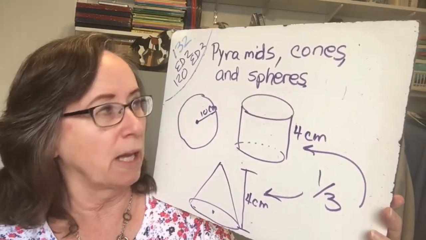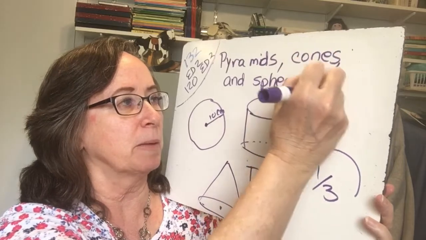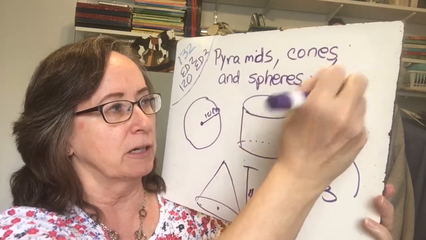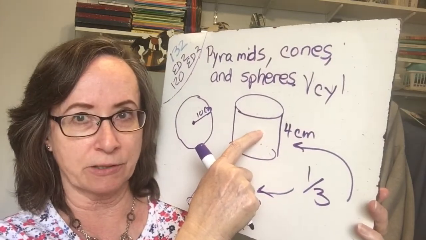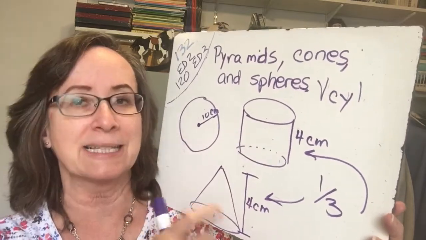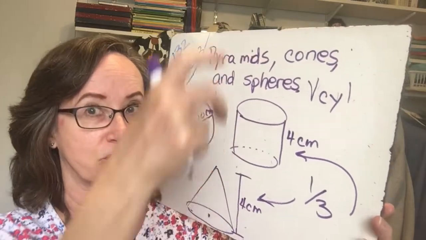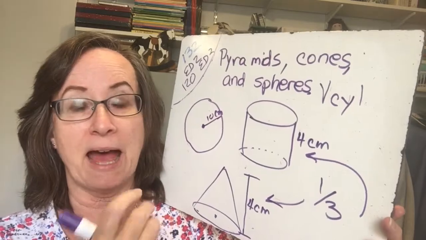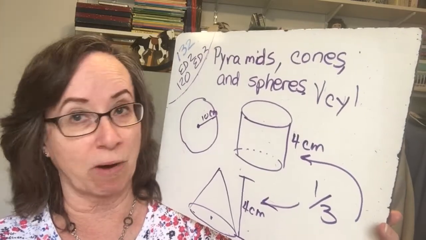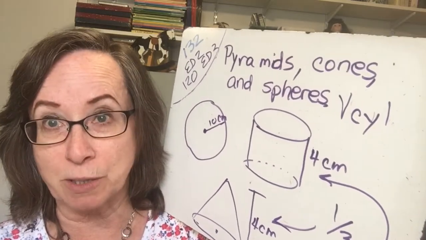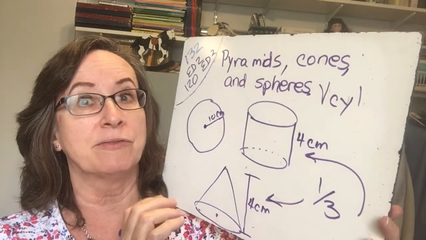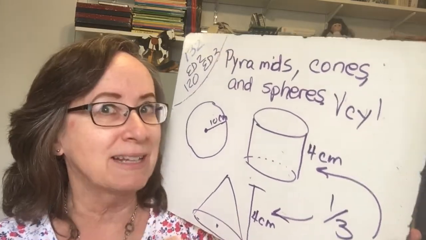So let's think about, what is the volume of a cylinder? The volume of a circular cylinder, or any cylinder for that matter, because a cylinder is any figure that goes straight up. So we can have cylinders that have triangles as bases. We call those prisms. We could have cylinders that have rectangles as bases.